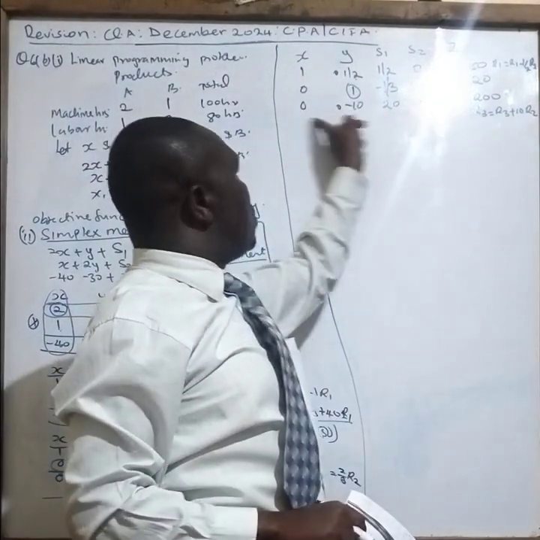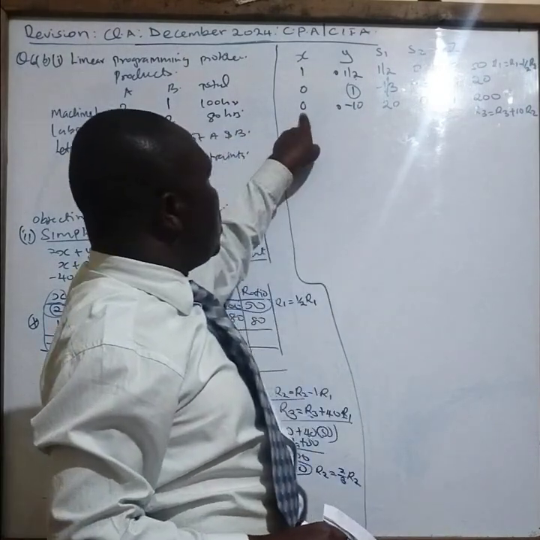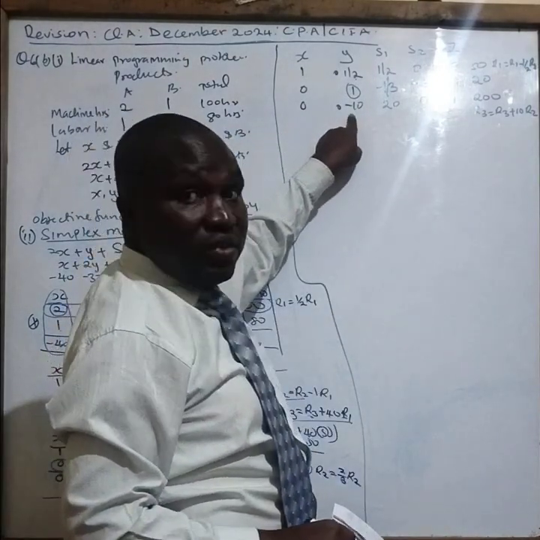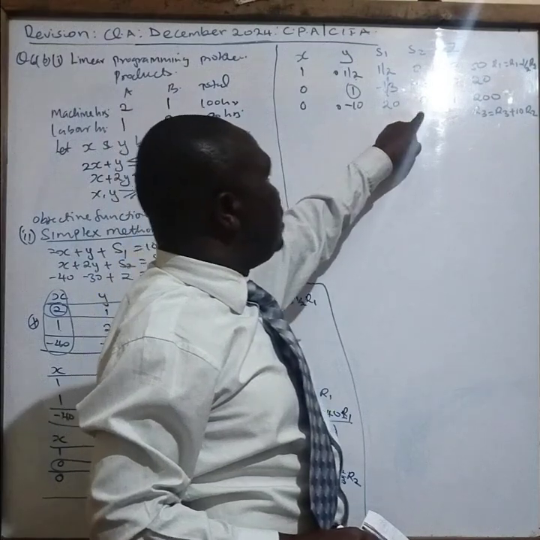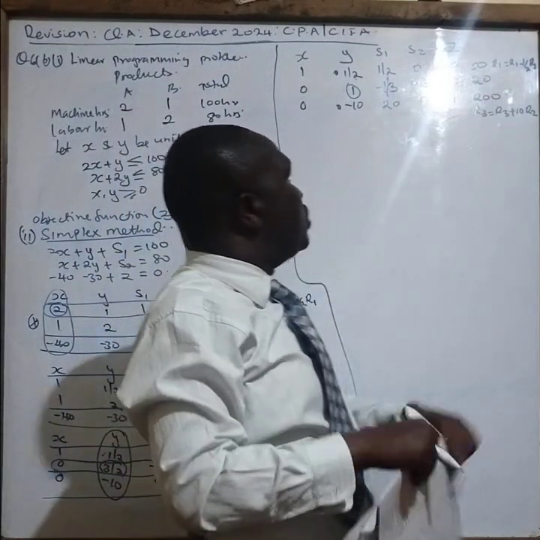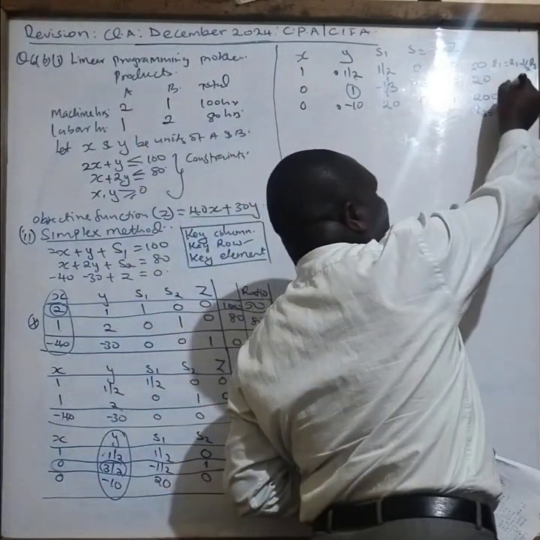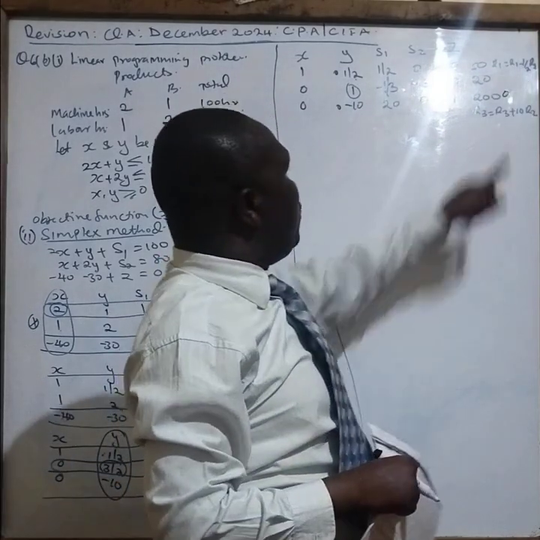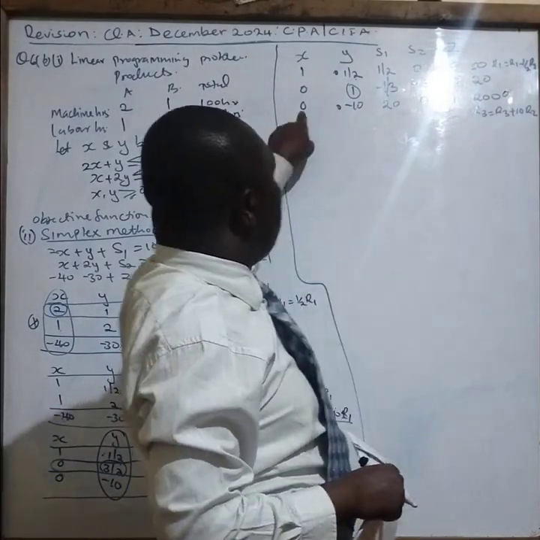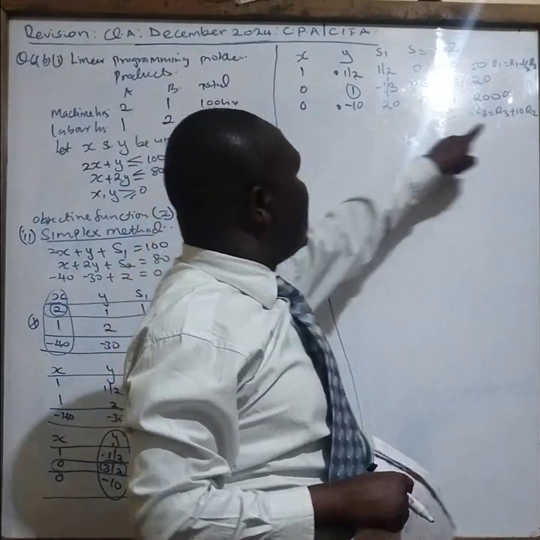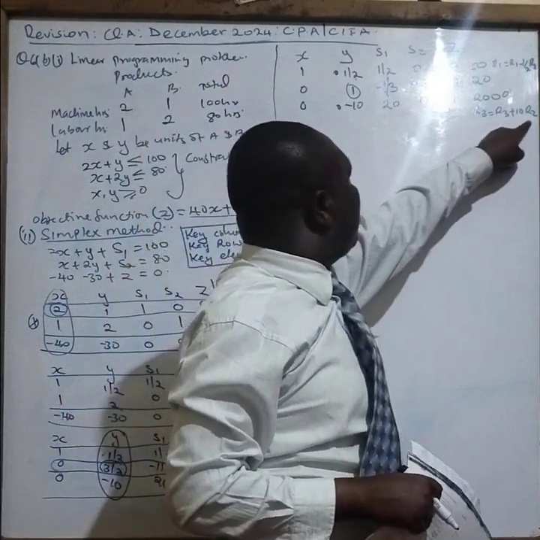R3 is this row here, made up of 0, -10, 20, 0, 1, and 2000. Sorry, this is 2000.